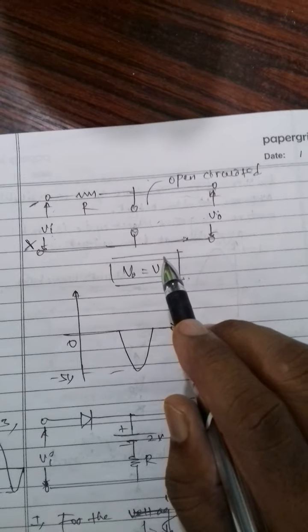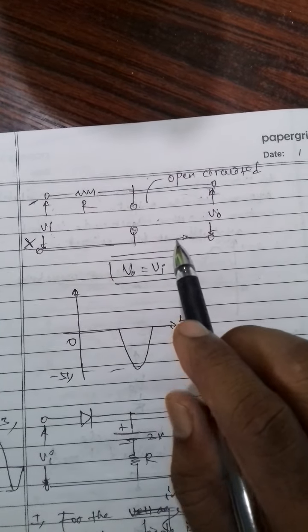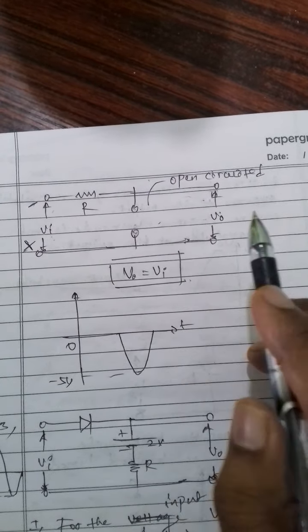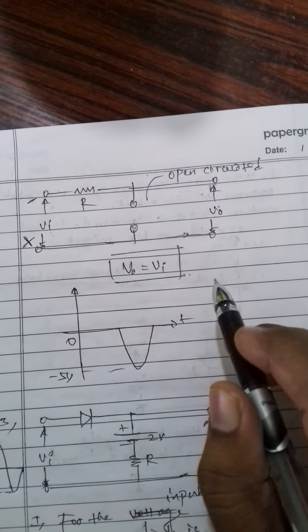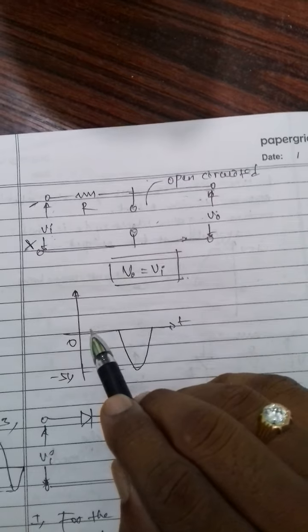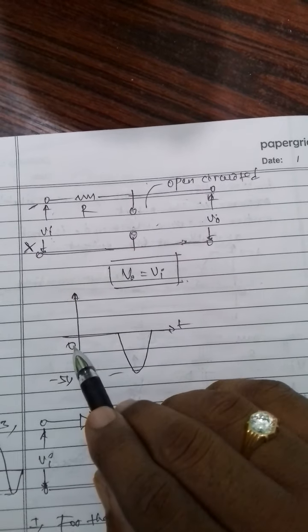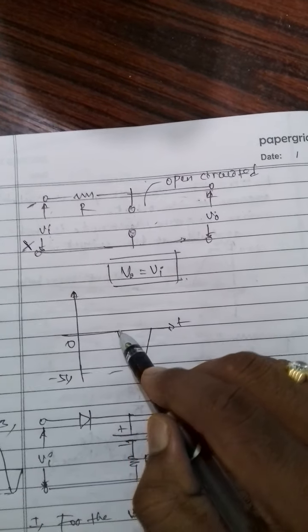For this parallel clipping circuit, if we draw the shape of the output waveform: during the positive half cycle the diode is on, so the output voltage is equal to 0.